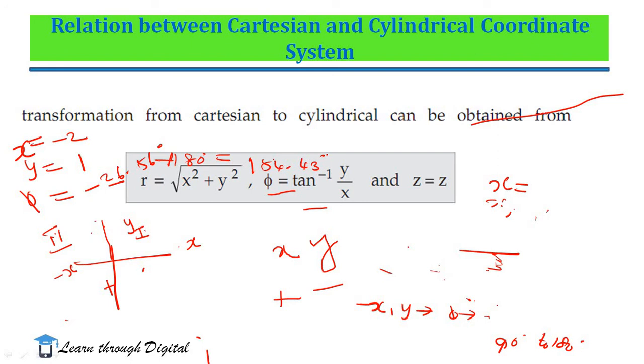So 180 degree must be subtracted from phi calculated by tan inverse function to get accurate phi when both x and y are negative. We consider x equal to minus 3, y is equal to minus 3. So in this case, we have to subtract 180 degree. We obtain 45 degree.